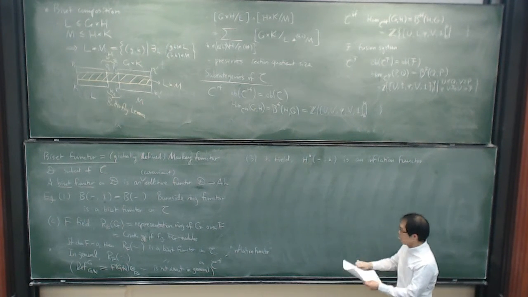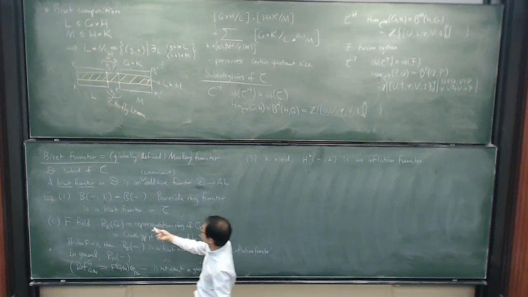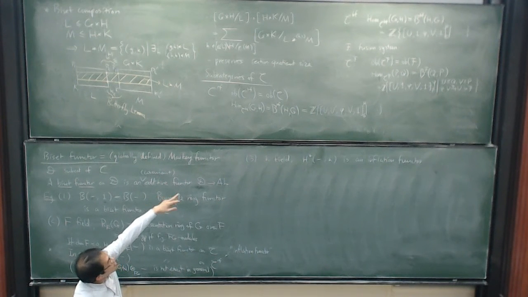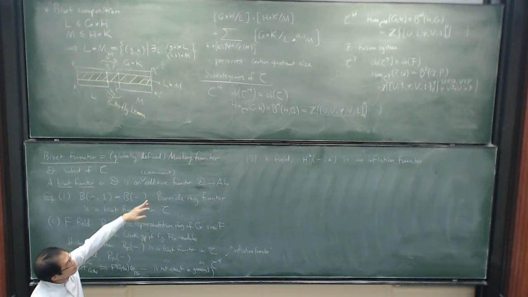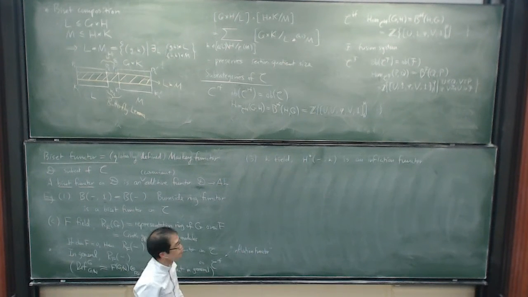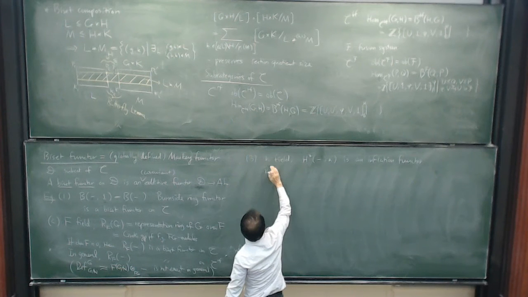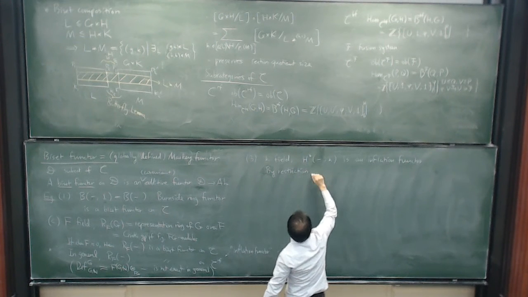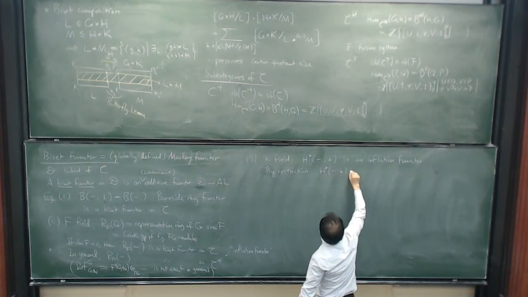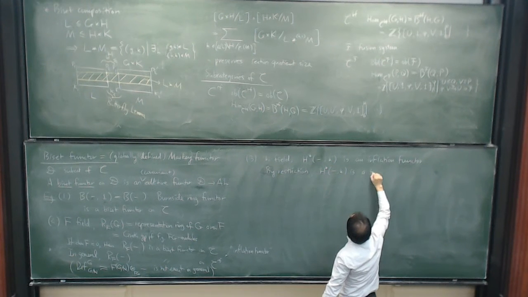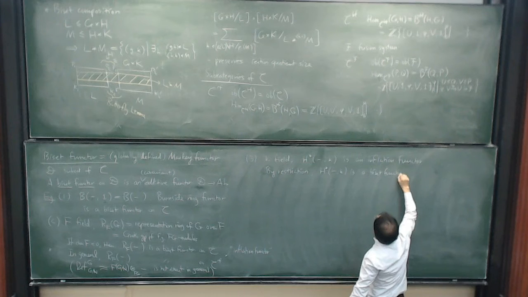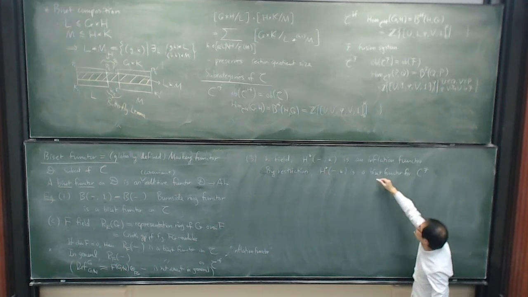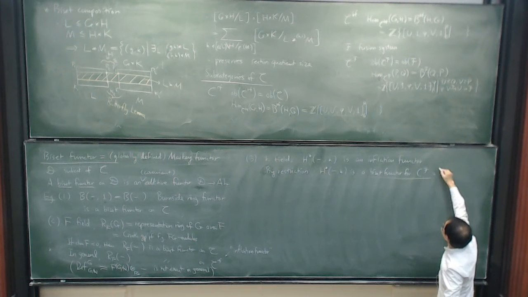So this is defined on CRF, but that contains CBF as a subcategory, and that contains CF as a subcategory, where F is a fusion system. So by restriction, it is a biset functor for CF, for any fusion system F. I'll indicate how this works.